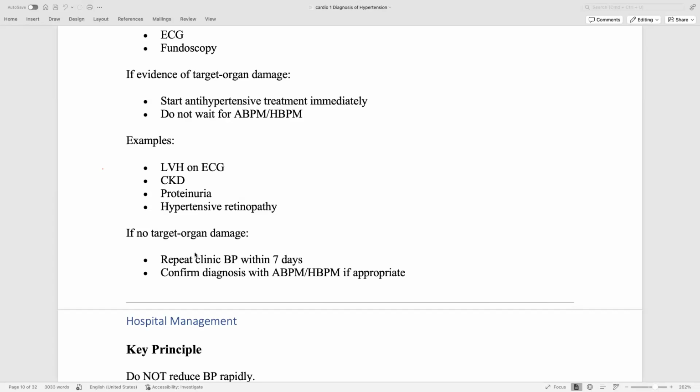But exam-wise, they don't want you to treat. So the next step is to rule out accelerated, rule out malignant, rule out emergencies, check for organ damage. If nothing, ask the patient to come for another visit to check the blood pressures. Give him paracetamol only.